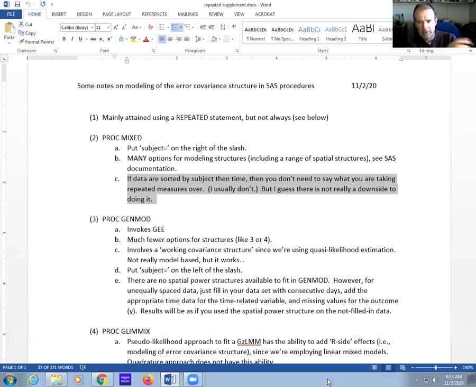And so that's why I don't put in a day or a time right after repeated. And then I just say, well, this is on subjects. Repeated measures are on subjects. So on the right side of the slash, you say subject equals ID or whatever identifier you have. So I just wanted to mention that again, just to emphasize that point.